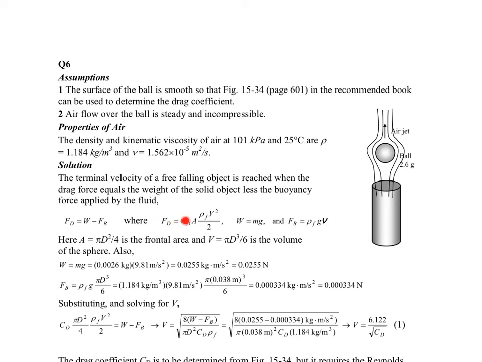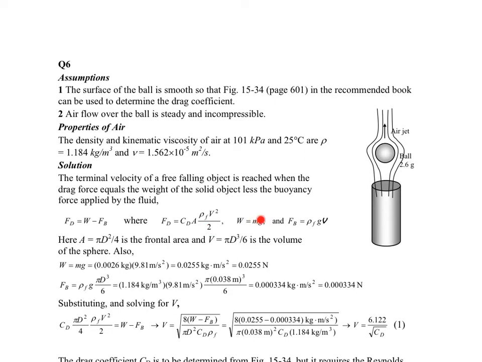We are using the drag force formula, which is the coefficient of drag multiplied by the projected area, in this case the frontal area of the ball, and the density of the fluid, in this case air, which we have just got, density of air 1.184 kilograms per cubic meter, times the square of the velocity divided by 2.